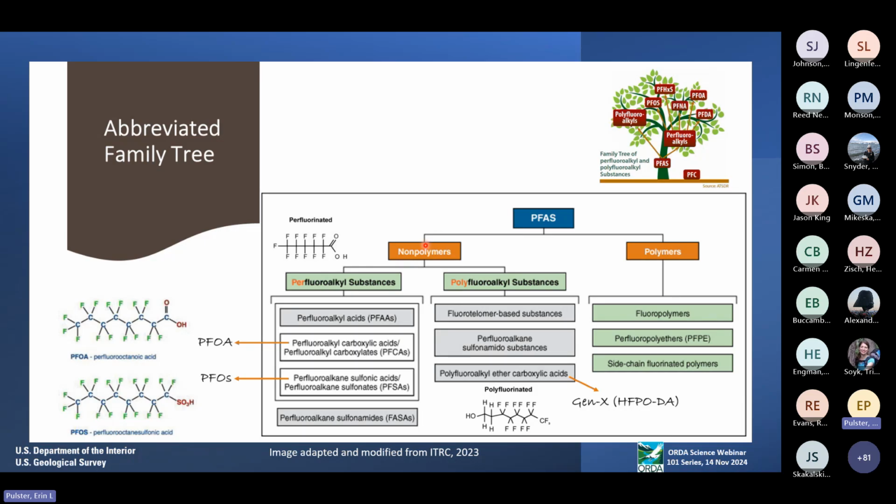And those are the most common ones, again, the carboxylic acids, the PFCAs, and the sulfonic acids, PFSAs, which are your common PFOA and your PFOS. Then GenX, that's another pretty common one that people are looking for. This is one of the short chain, 6 carbon length alternative compounds.